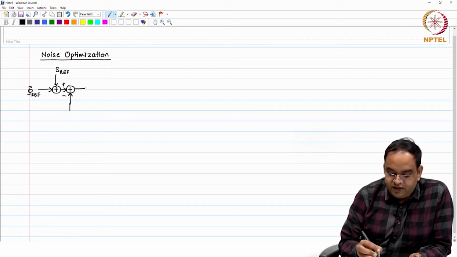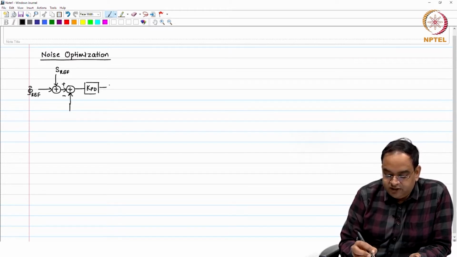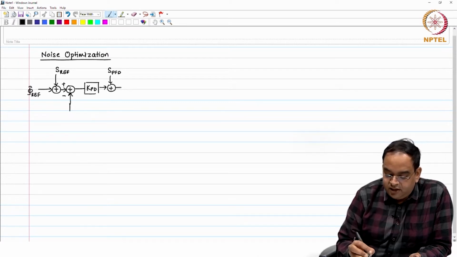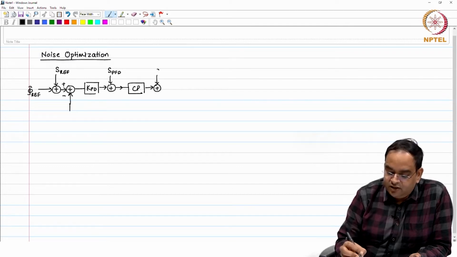You have PFD plus charge pump. I have treated PFD noise separate and charge pump noise separate. You can also take it together. So, this is S PFD, and then you have the charge pump whose output is current. The noise added at the output of the charge pump is current noise actually. So, this is S charge pump.